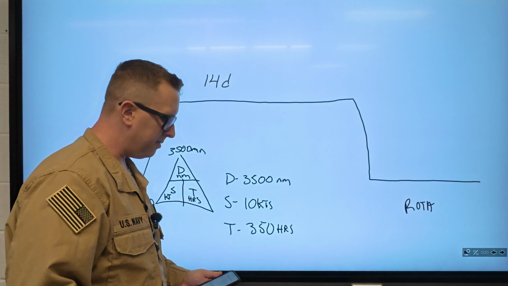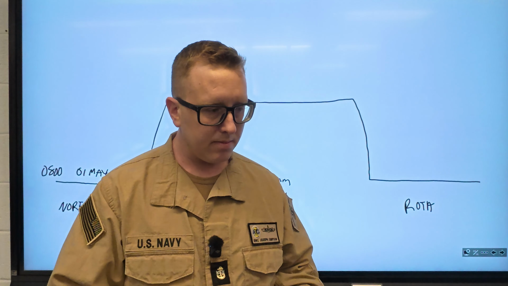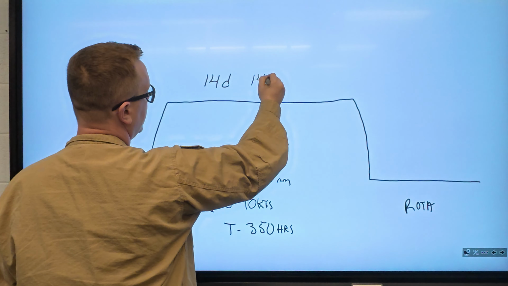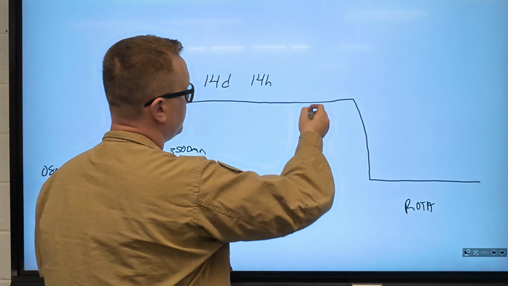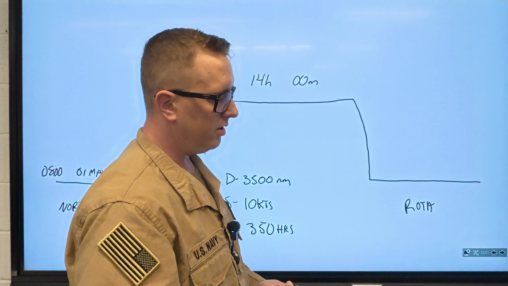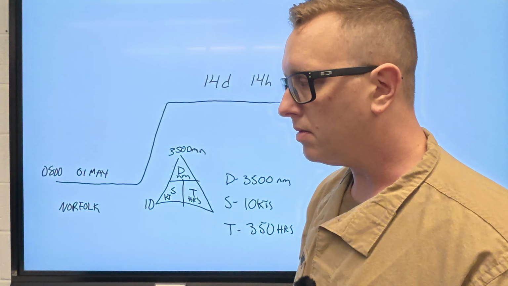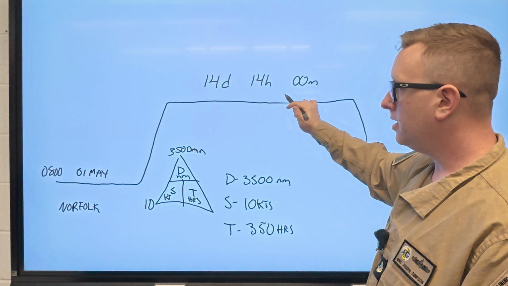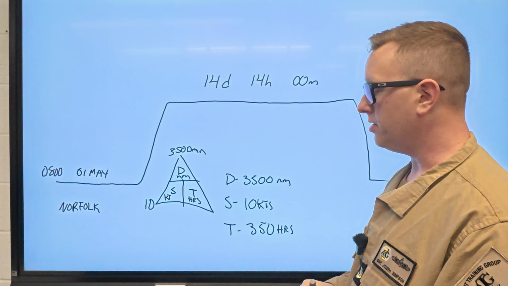You got 13.9, a bunch of running nines. I'm going to go ahead and round that up to just 14 hours. When you round that up, you won't have any minutes, but I'm still going to write it down, just because in future questions, you might get an actual usable decimal to multiply by 60 to get your minutes. But for this case, it was so close, this is what I'm going to use.